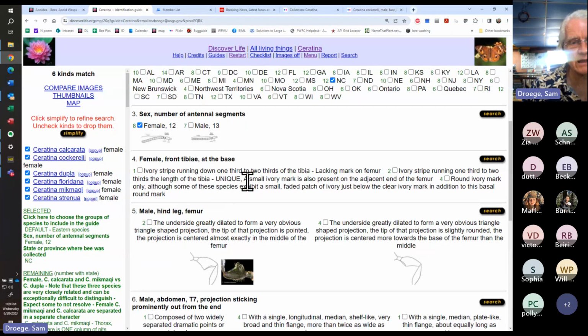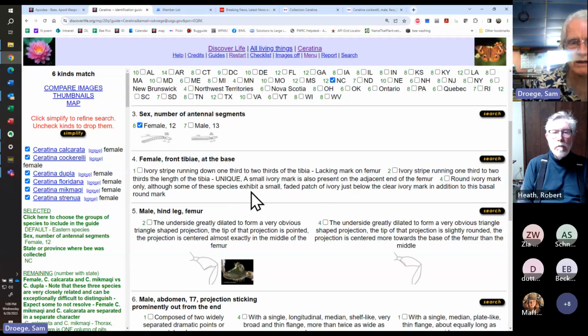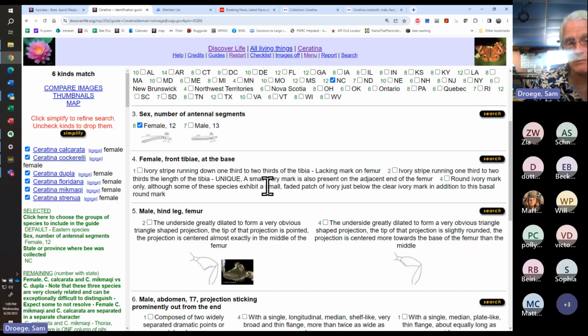So immediately we're going to be able to separate out several groups by how much white is present on the front tibia. And so we basically have three kinds of categories. Stripes are two categories, and a simple roundish not stripe mark at the base of the tibia.